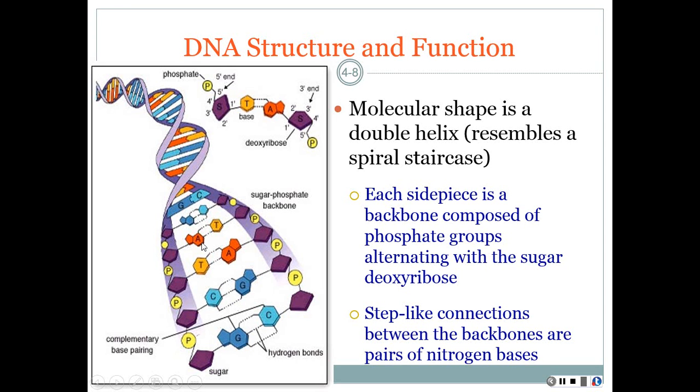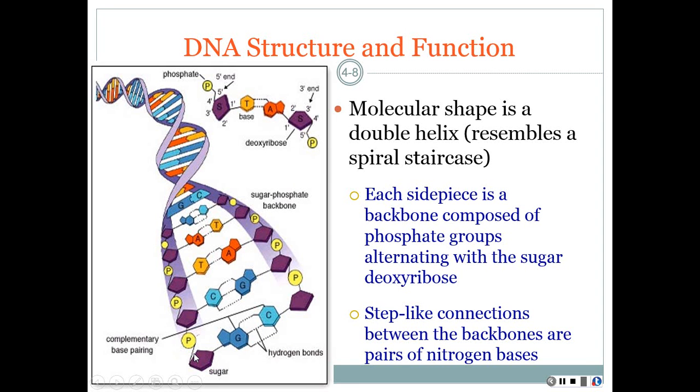Now the adenine-thymine and cytosine-guanine combinations are called base pairs. When we look at the structure of the DNA, yes, it does look like a staircase. We have our steps, and then we have our backbone.